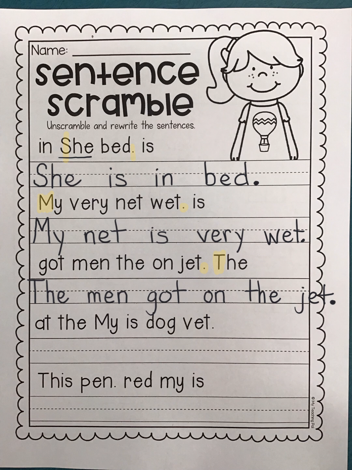Now back with our highlighter. Please pick up your highlighter. We are going to find the capital and period on our next sentence. I see my capital M and my period at the end. With our pencil, we're going to write the sentence, my dog is at the vet. Capital M. My, finger space, dog.